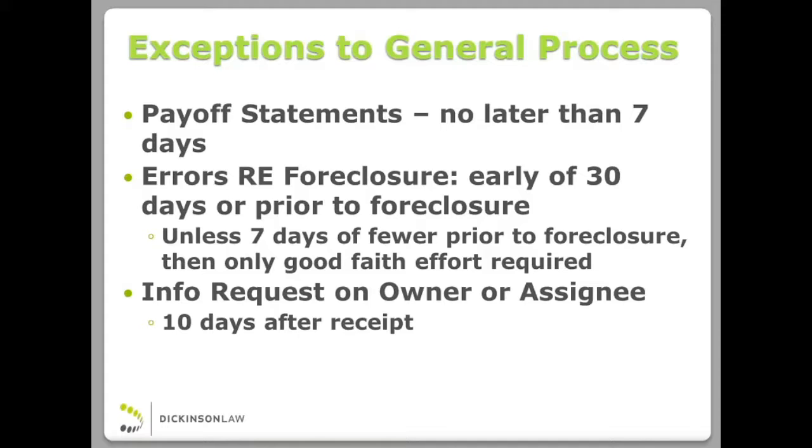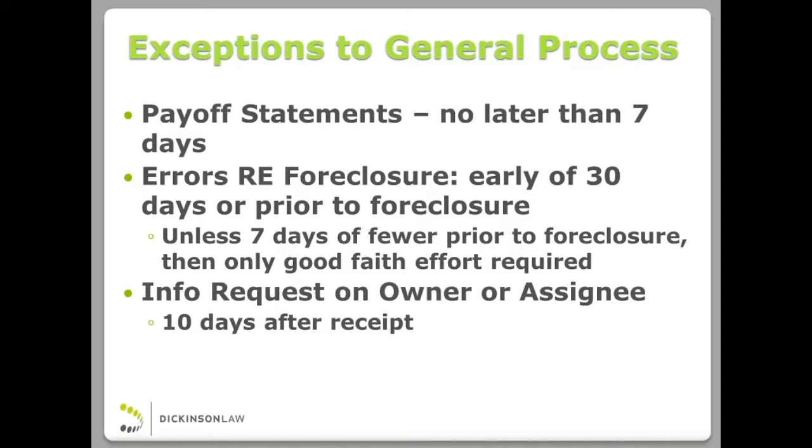An error regarding a foreclosure sale. If you have a foreclosure sale scheduled and say a borrower asserts an error and says that should never be scheduled, I'm in the middle of a loss mitigation agreement that I'm performing under, this foreclosure shouldn't be scheduled. You can take 30 days on that still if the error is asserted 30 days prior to foreclosure.